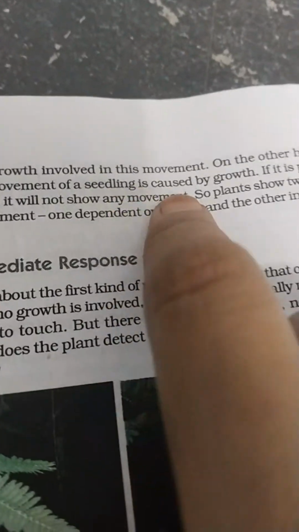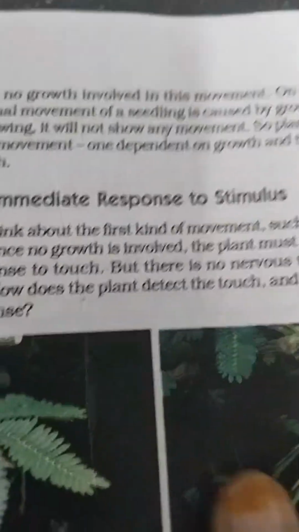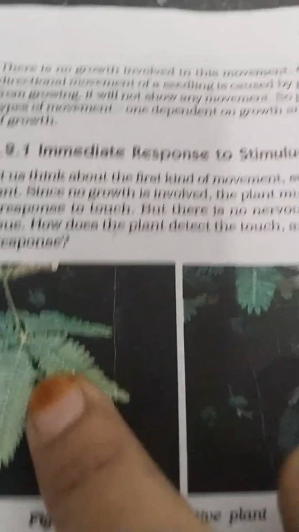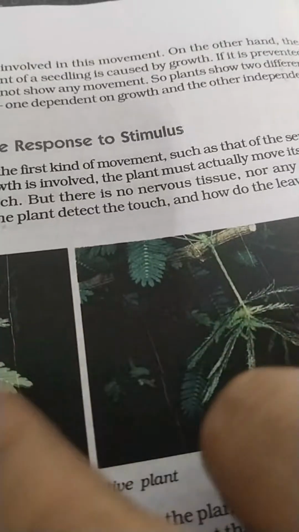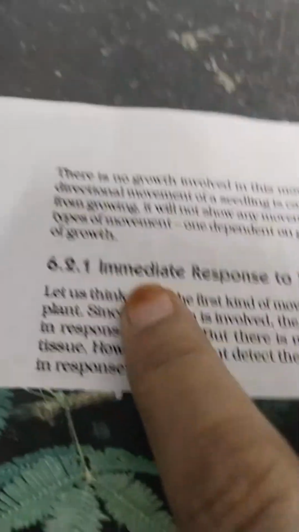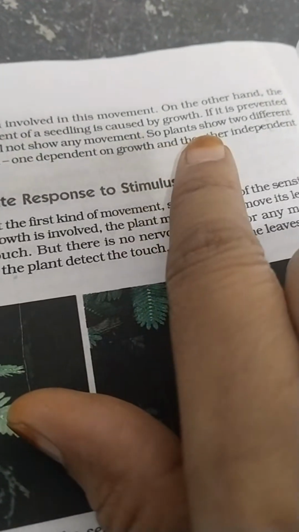So there is no growth involved in this movement. If I touch it, it becomes completely like this immediately, but it doesn't involve growth, right? This movement isn't considered as growth. On the other hand, the directional movement of a seedling is caused by growth.